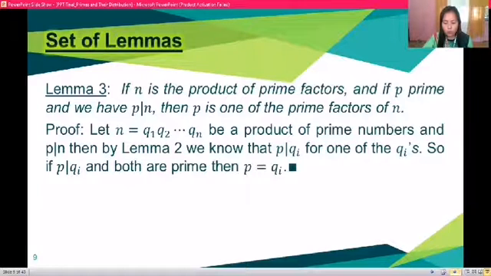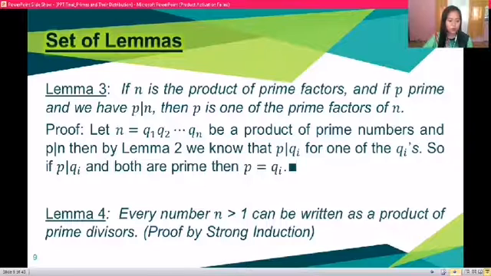Then by lemma 2, we know that p divides q sub i for one of the q sub i's. So if p divides q sub i and both are prime, then p is equal to q sub i. That's the end of the proof.